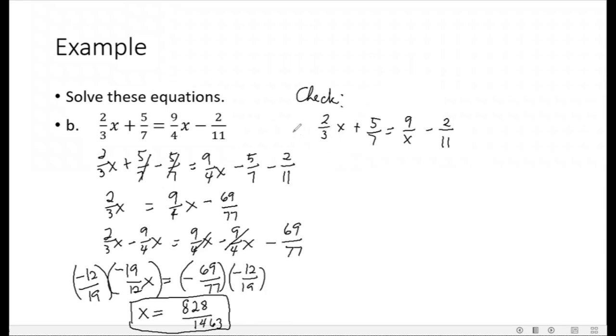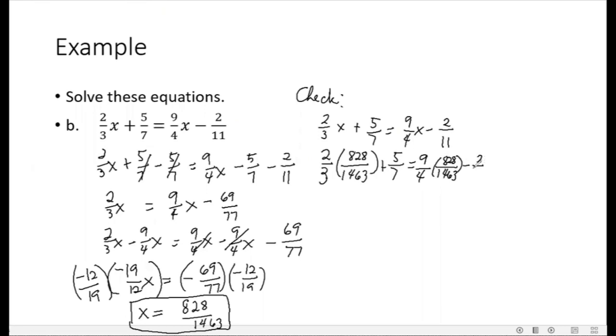So we have 2 over 3, multiplied by the value of x, which is 828 over 1,463, plus 5 over 7 equals 9 over 4x. So instead of x, we use our value 828 over 1,463, minus 2 over 11.